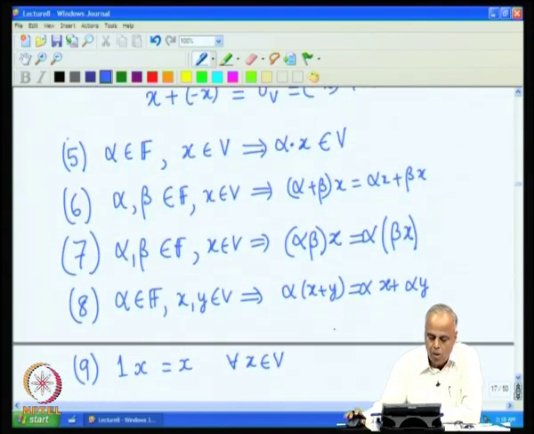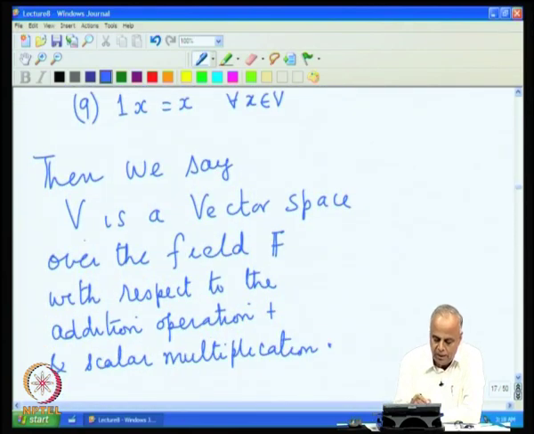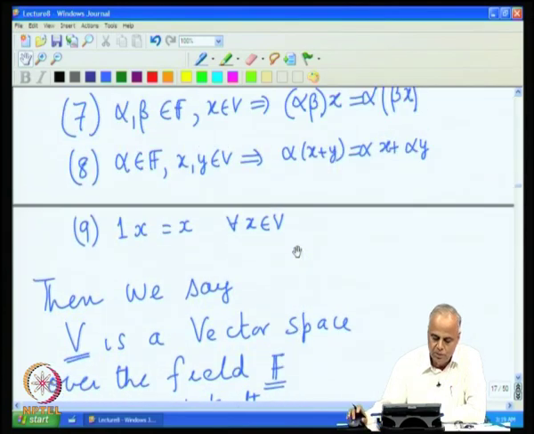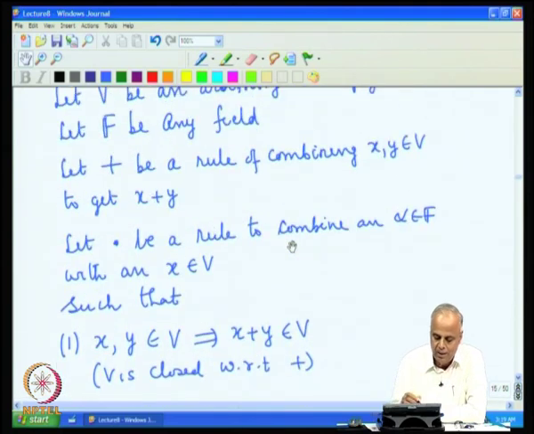All the 4 things play an important role. First of all, the set V plays an important role, the field F, because these are the people who are being combined. The addition combines V elements, scalar multiplication combines an F element with V, and the result is always going to be in V. So, these two are going to play important roles, the V and the F, and then without these two rules of addition and scalar multiplication, there is no structure.